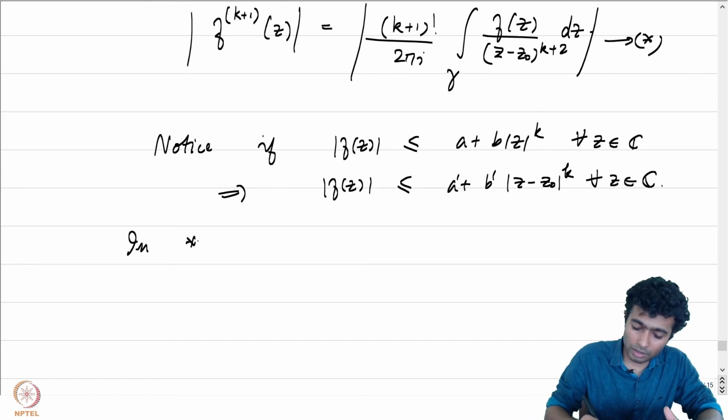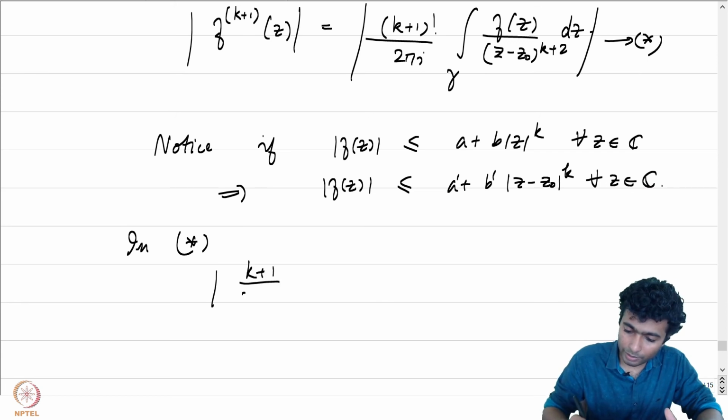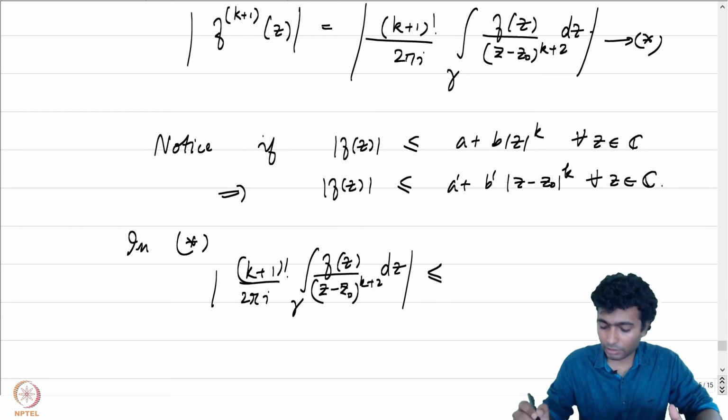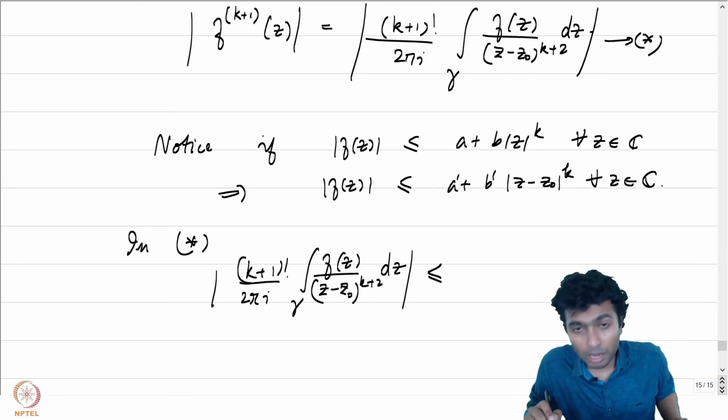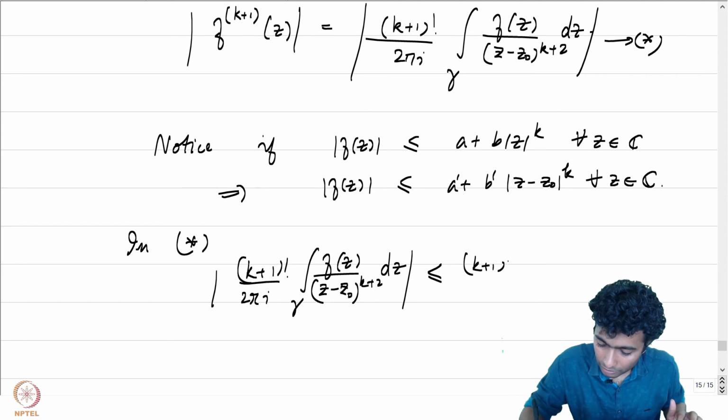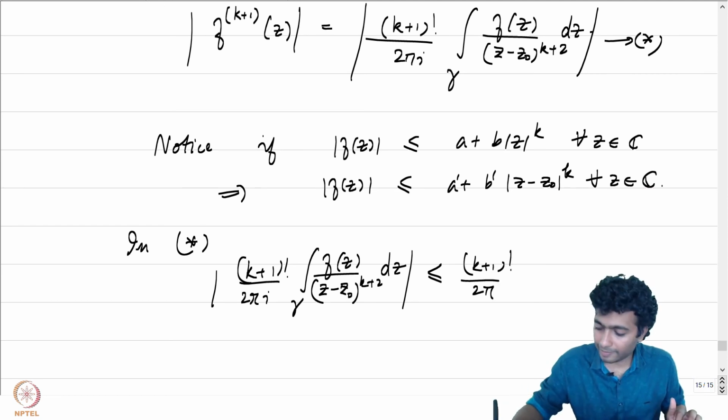In star, we have the absolute value of (k+1)! by 2 pi i times the integral over gamma of f of z by (z minus z0) to the power k plus 2 dz. This is going to be less than or equal to the bound on the integrand. So the (k+1)! will survive by 2 pi.